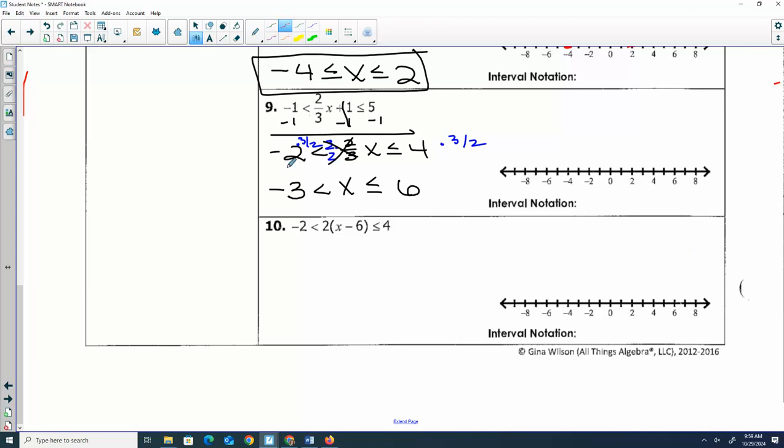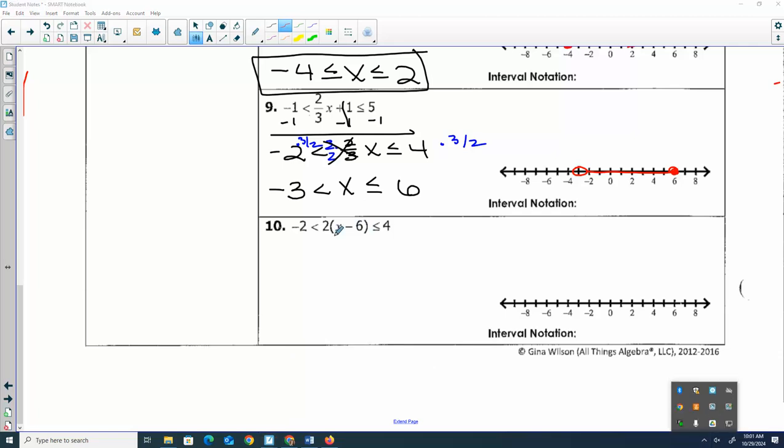All right, so negative 3, is that open or closed? And 6 is, and x is between them. It's bigger than negative 3 and smaller than 6. All right, you guys try number 10.